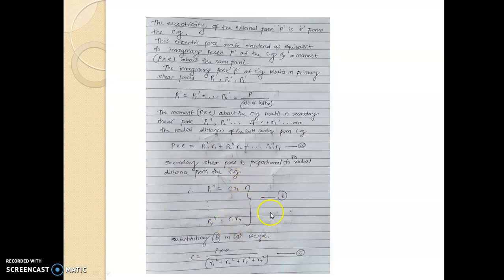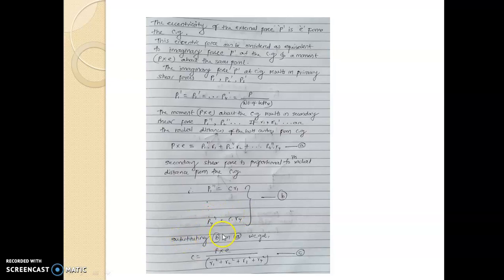Let's call this equation B. Now substituting this value of secondary shear force in equation A, we get P into e is equal to C into R1 square plus C into R2 square, likewise up to C into R4 square.